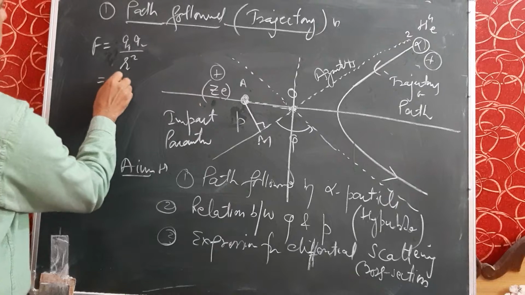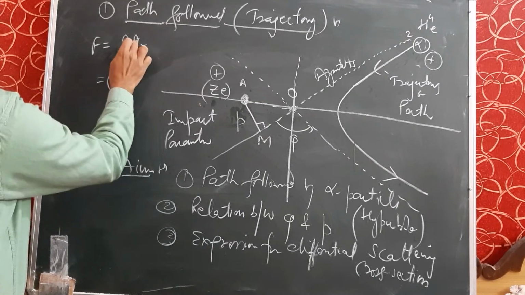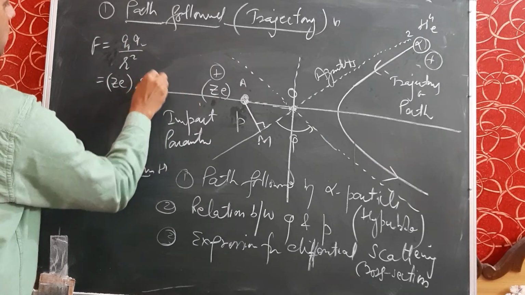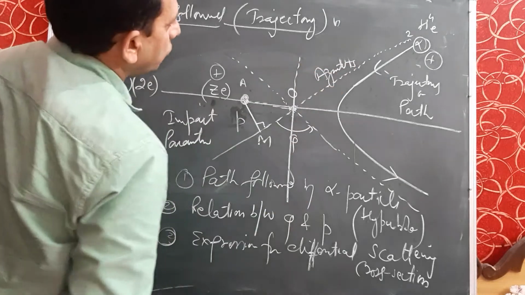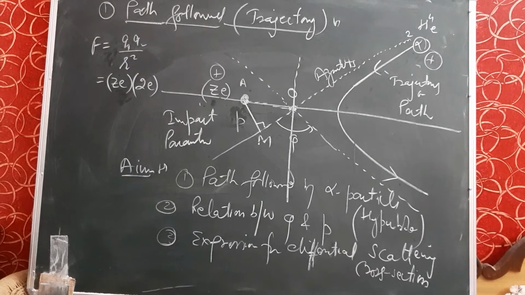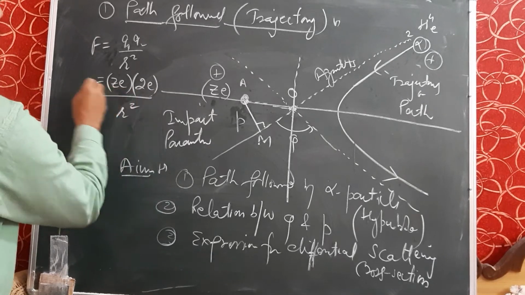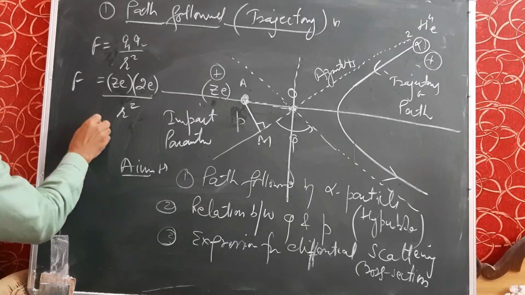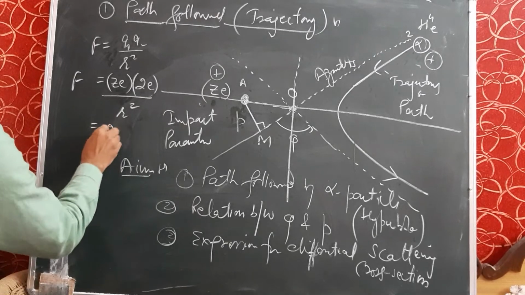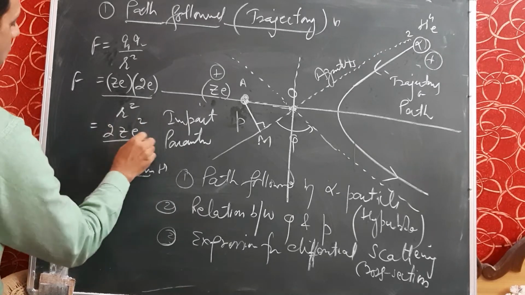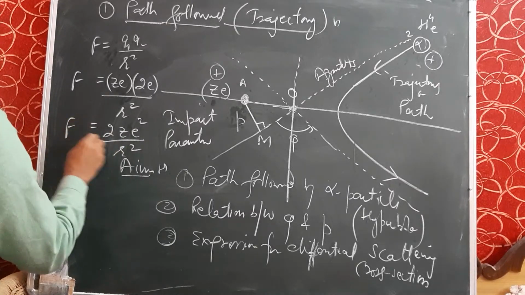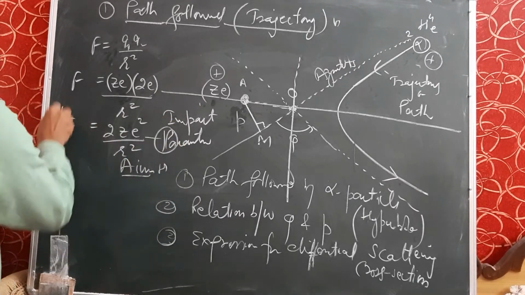Q1 is Ze, and Q2 is 2e, because for helium the atomic number is 2 and e is the charge on one proton. So, 2e times Ze over r squared. This force may be written as 2Ze squared upon r squared. This is equation number 1.